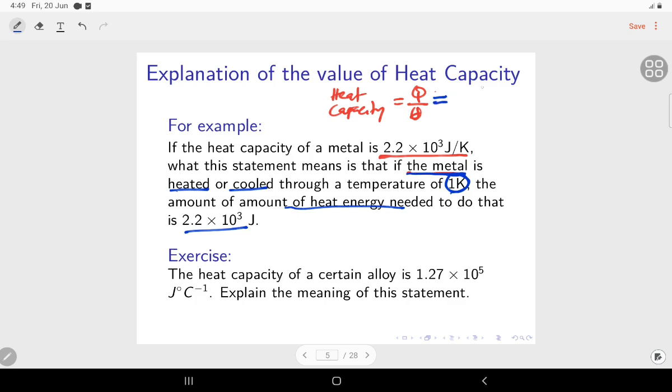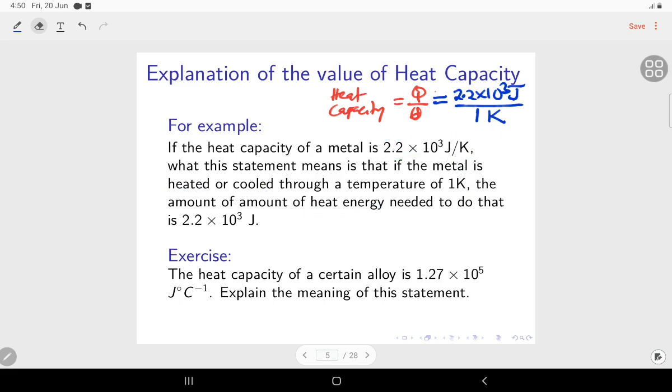Because if you are given 2.2 times 10 exponent 3 joules over 1 Kelvin, it means that if I take the metal and I either heat it or I cool it through this 1 Kelvin temperature, then the amount of heat I need to use to do that is this 2.2 times 10 exponent 3 joule. Great.